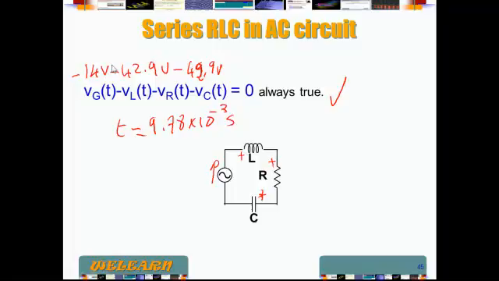So this tells me that I should be able to find VC at that particular time as equal to twice 42.9, that's 85.8, plus 14, so that's 99.8 volts. That's what I should get if my calculations are correct.